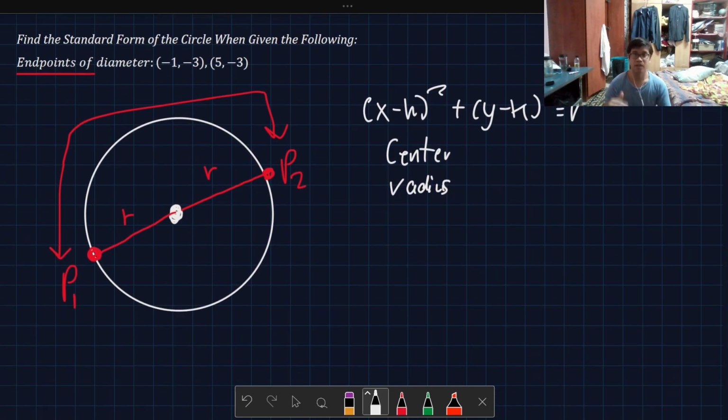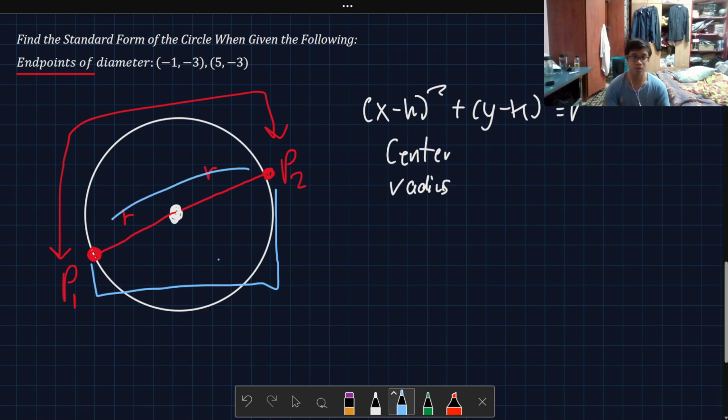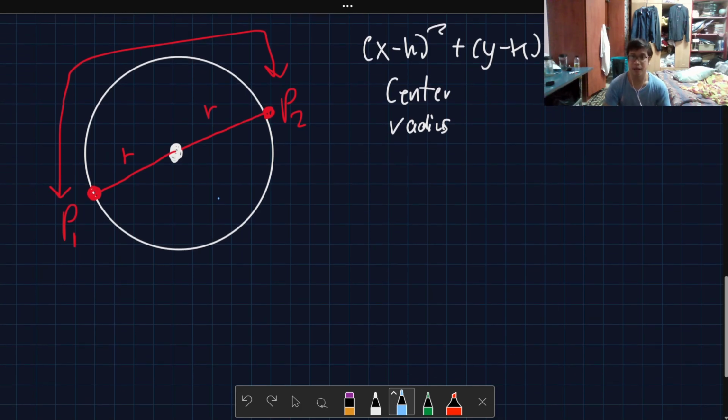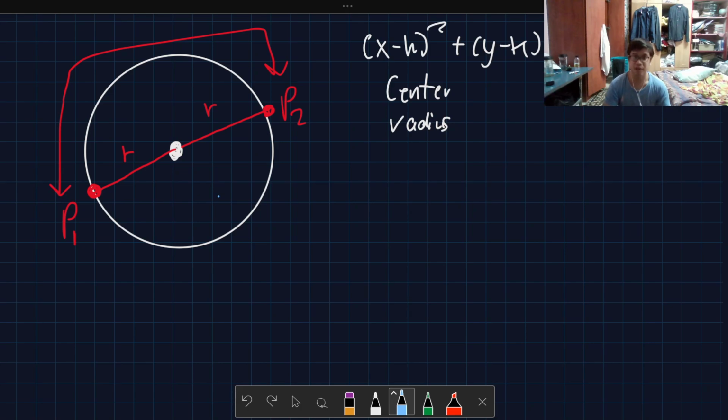Let's say we want to find the radius. First, you get the distance between the two endpoints of the diameter, the total length. Why? Once you find the total length of the diameter, you can immediately find your radius.